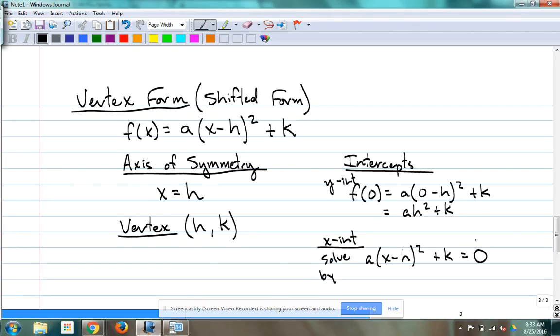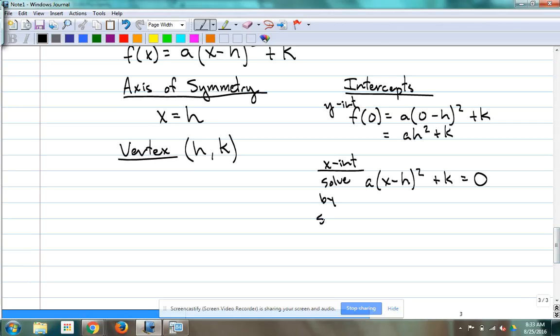And I solve by square roots. We'll see this when we go to an example. We'll go ahead and work it out. I don't think it's going to help us any to get the formula for that. It's easier to do with numbers in there. Okay, we'll get an example in just a second.